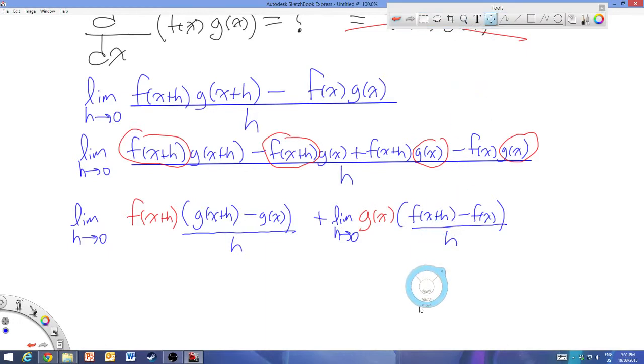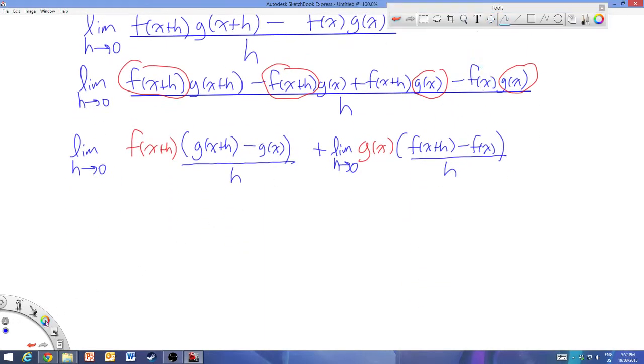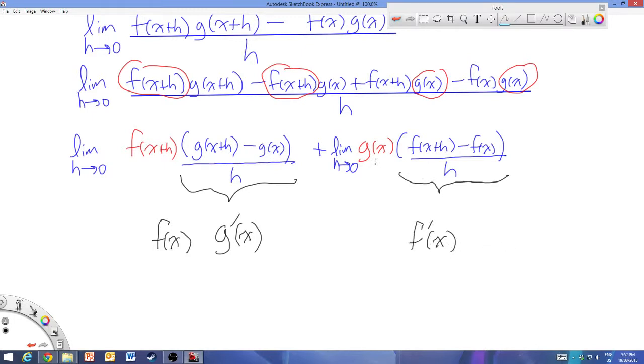Now looking carefully at these, the limit as h goes to 0 of this part is really just g prime of x. The limit as h goes to 0 of this part is really just f of x. Here the limit as h goes to 0 of this is f prime of x. And the limit as h goes to 0 of g of x is just g of x.